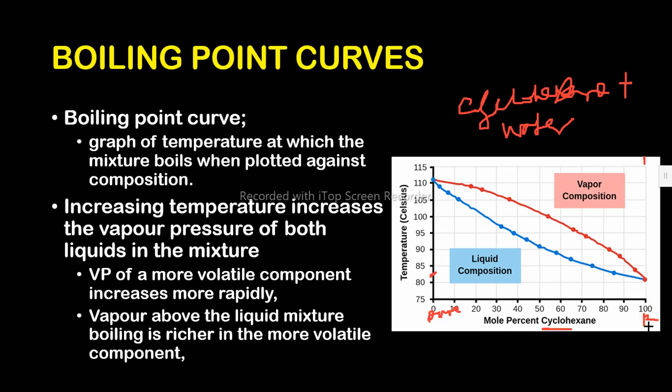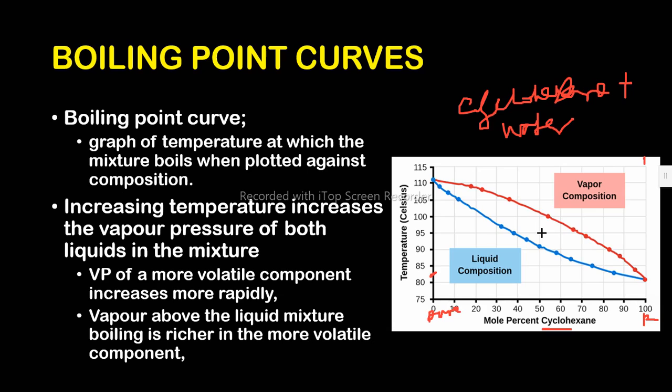Why? Because this one is more volatile, so its vapor pressure increases so high at lower temperatures than the vapor pressure of a non-volatile component.